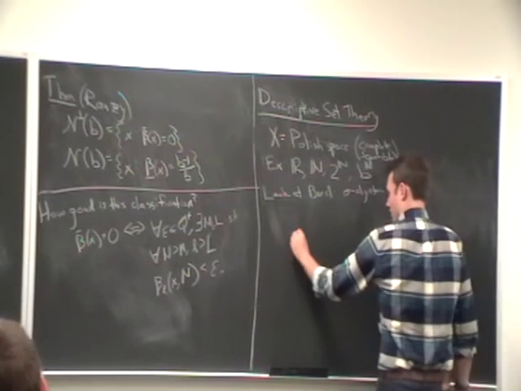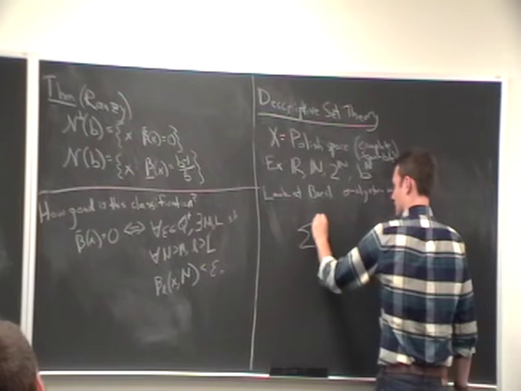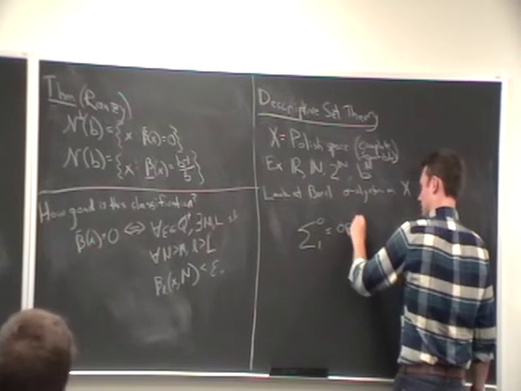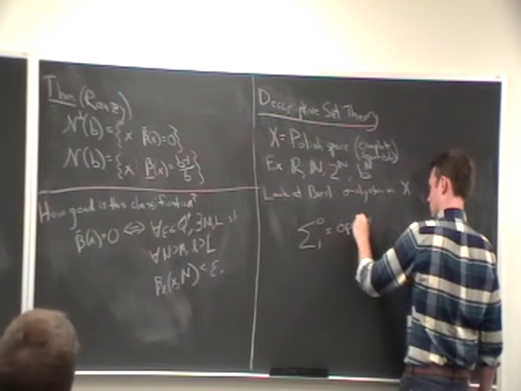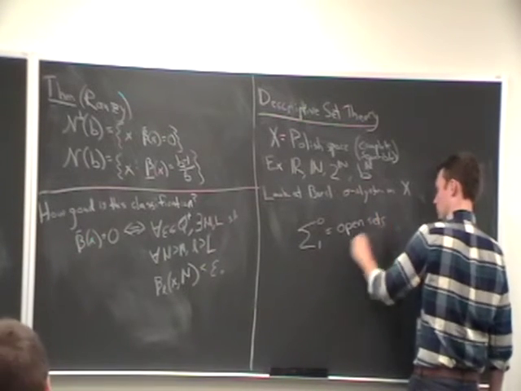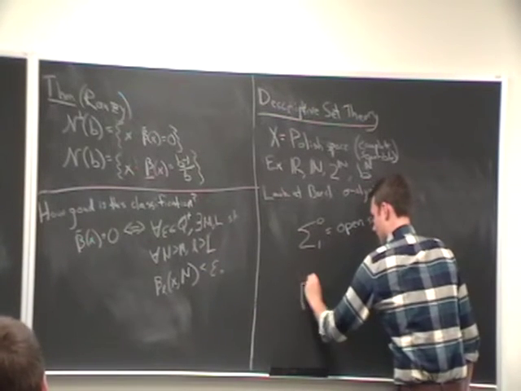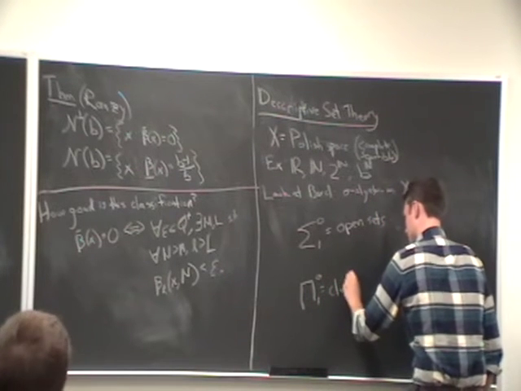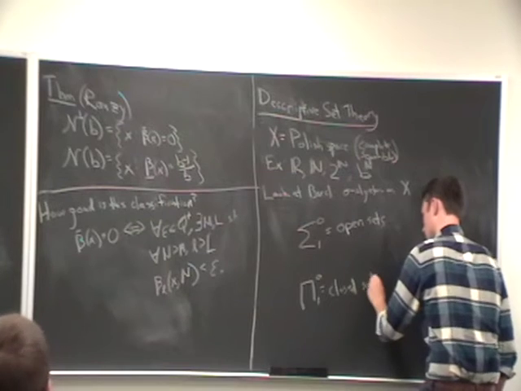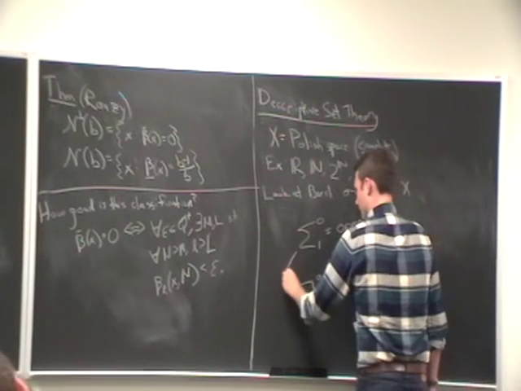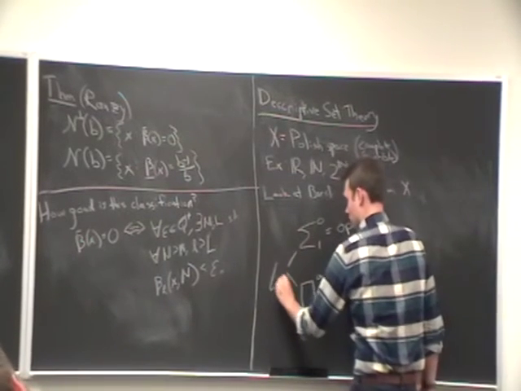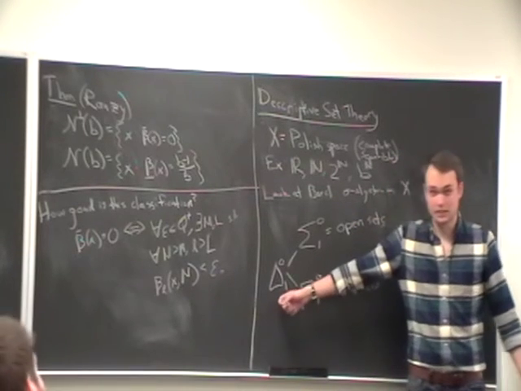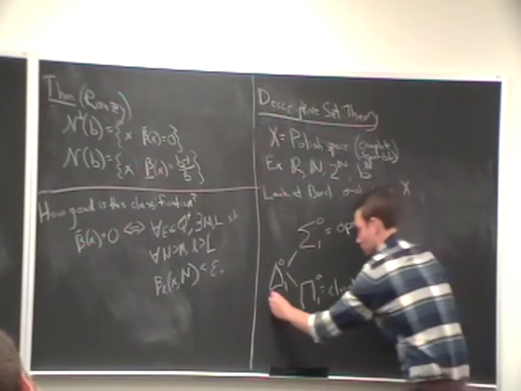To start with, we define the class sigma 0, 1 to be the class of open sets in X, and the class pi 0, 1 to be the closed sets. And we define their intersection to be the class delta 0, 1. In other words, this is the set of clopen sets.